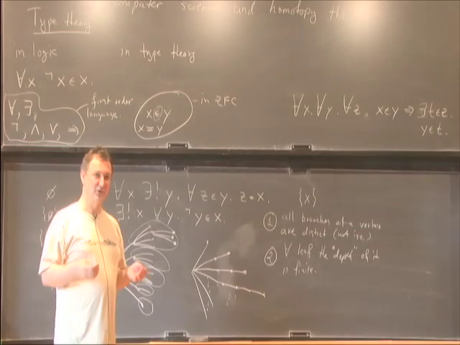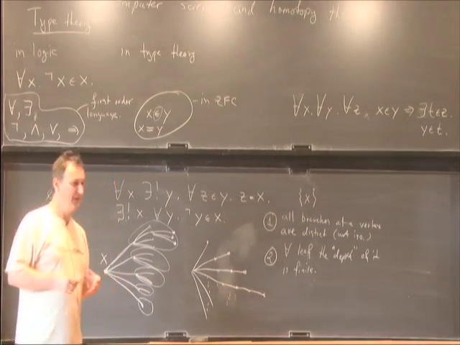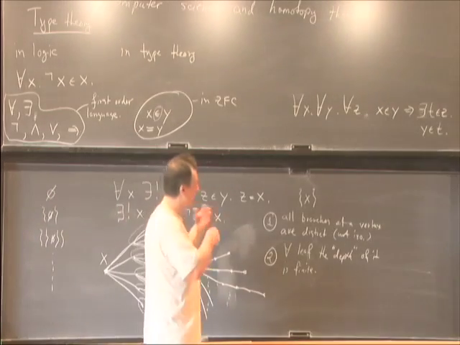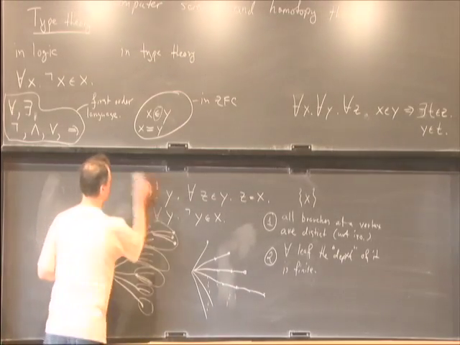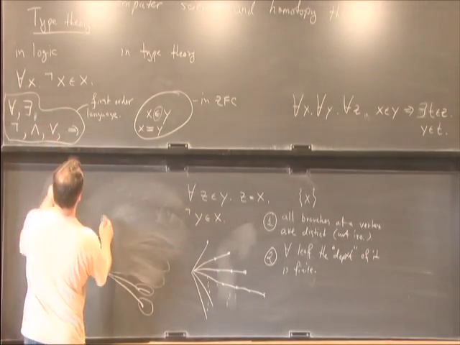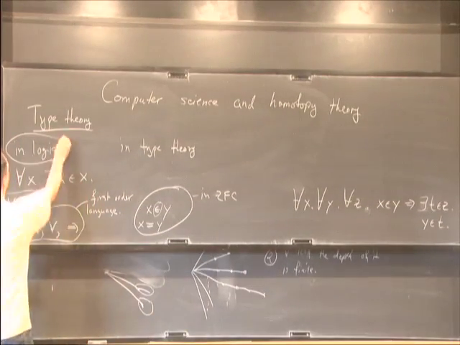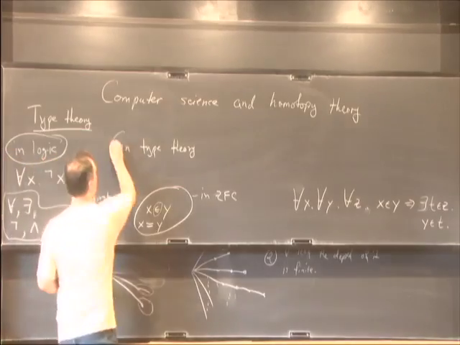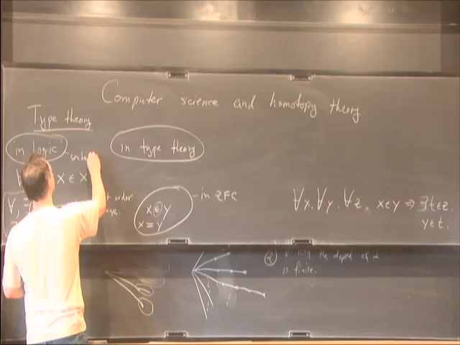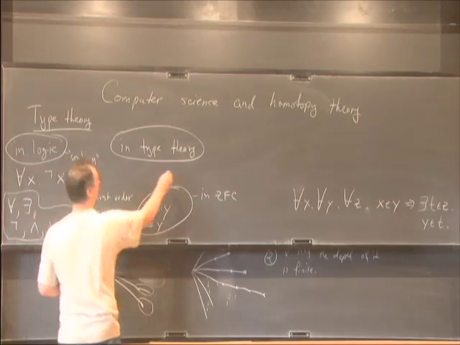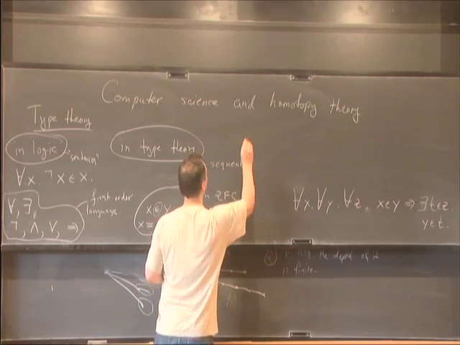I have 20 minutes to speak, right? So a type system belongs to a totally different class of formal languages. In logic, elementary pieces are sentences. In type theory, elementary pieces are called sequents.